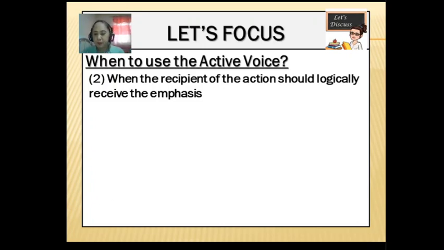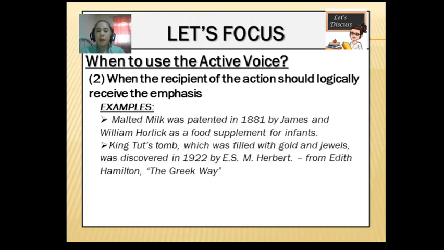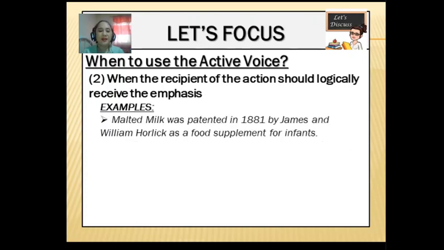Example, malted milk was patented in 1881 by James and William Horlick as a food supplement for infants. So we are not emphasizing who patented malted milk, but we are emphasizing the malted milk.